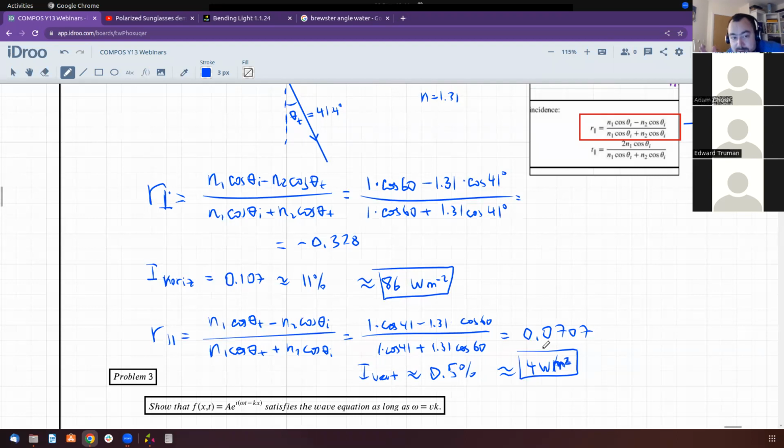That is why, if you have light coming from the surface and you have a vertically polarized filter, the reflection cuts out the horizontal component, and a vertical filter on your sunglasses will cut the horizontally polarized light. Okay.